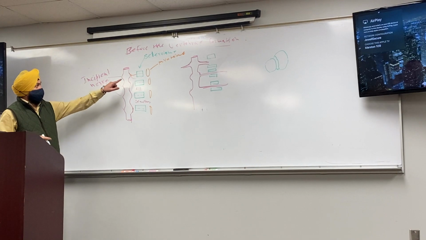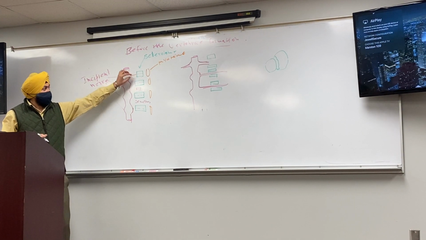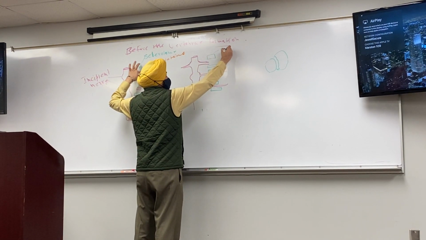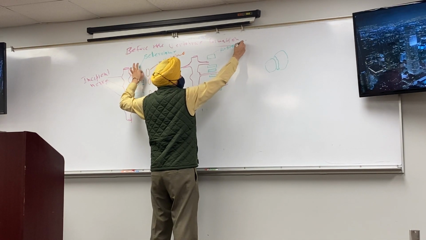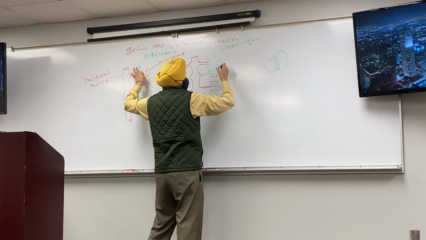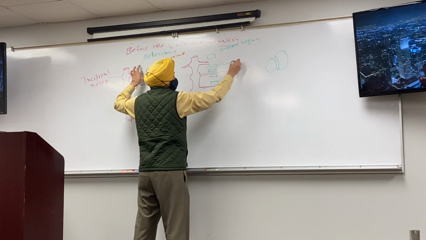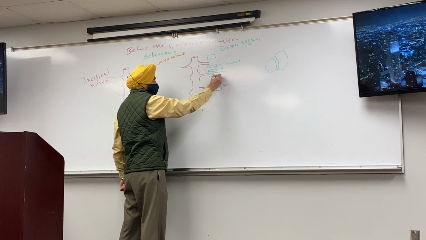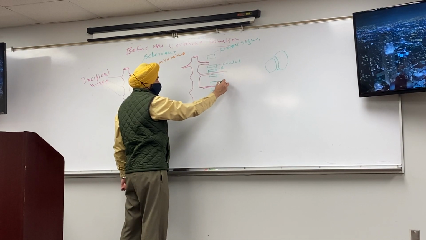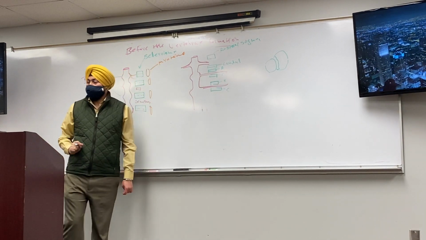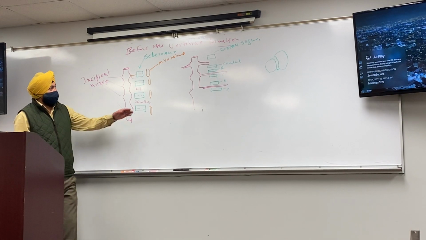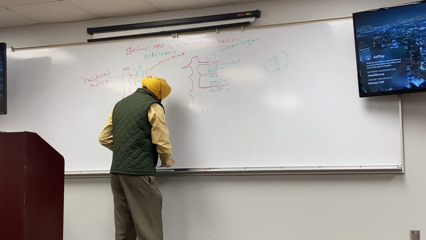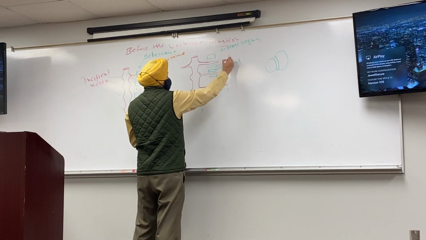Okay, so this sclerotome that divides, this segment will be called the rostral segment. This is the caudal. This is the rostral, and this is the caudal. Okay, and now the nerve is moving forward, and right here you have your muscle.